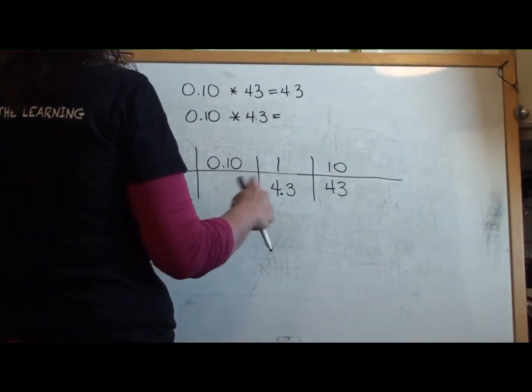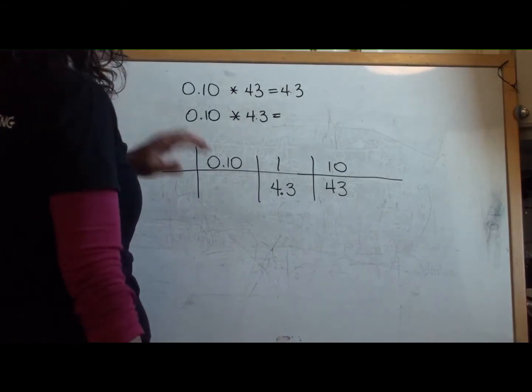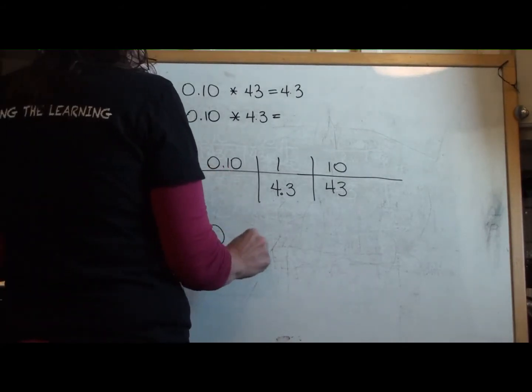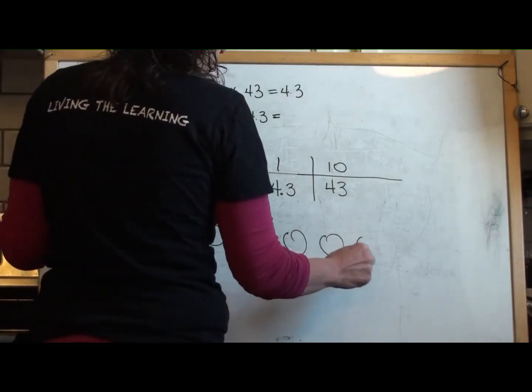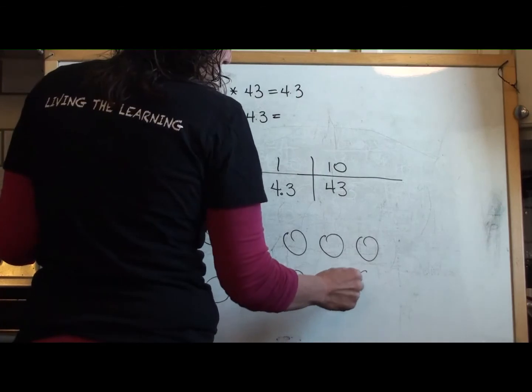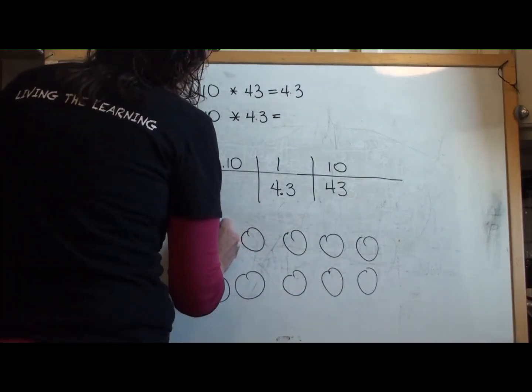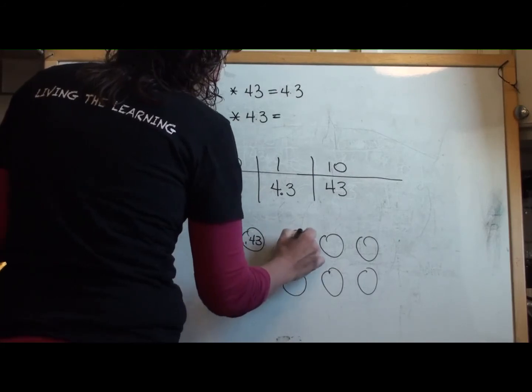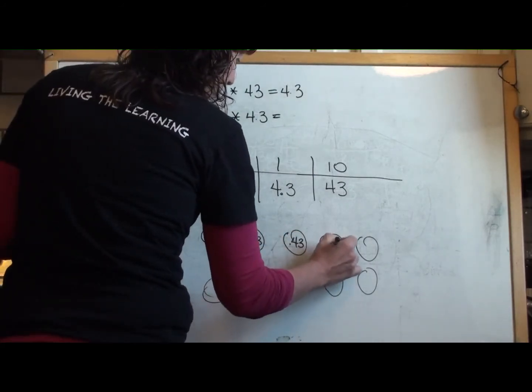So if I have $4.30 and I have 10 friends I want to split it up with, each one would have 43 cents or 43 hundredths.